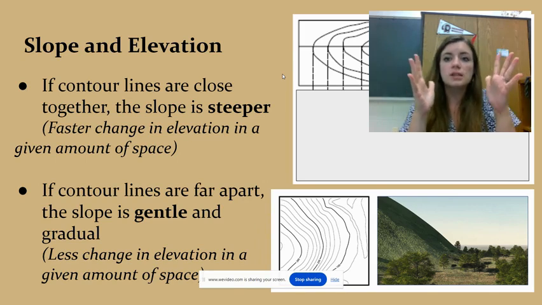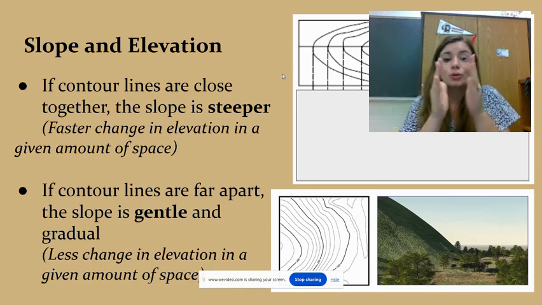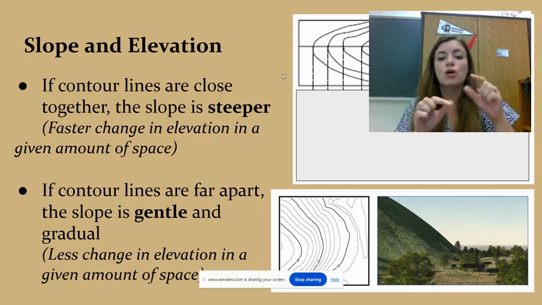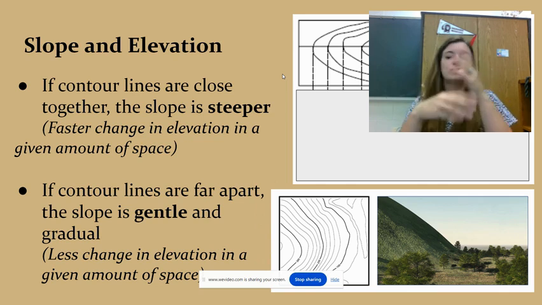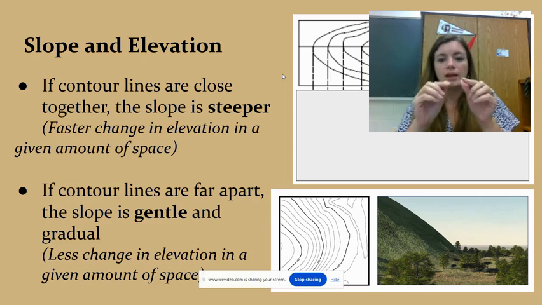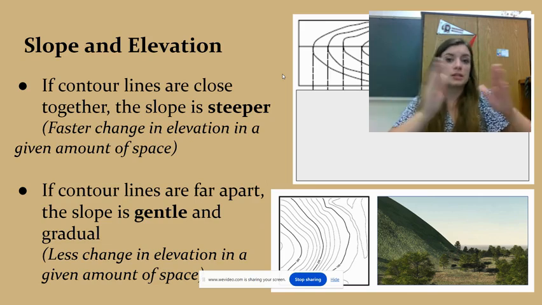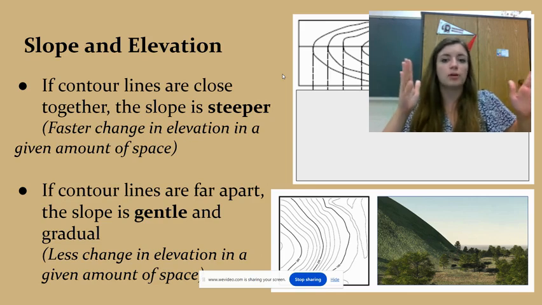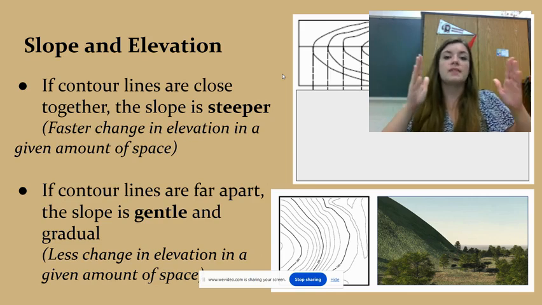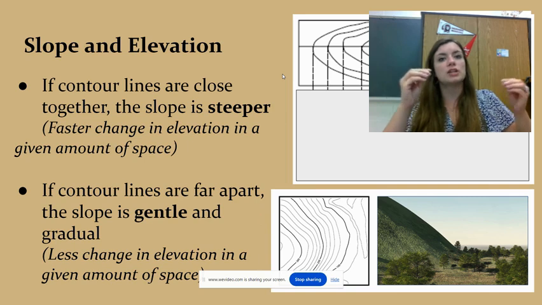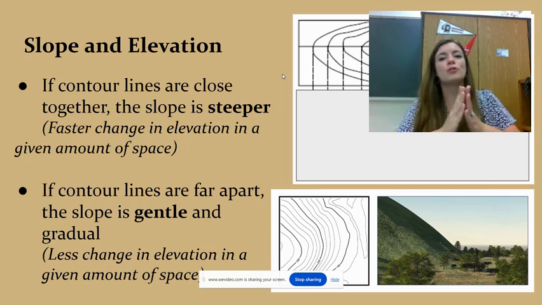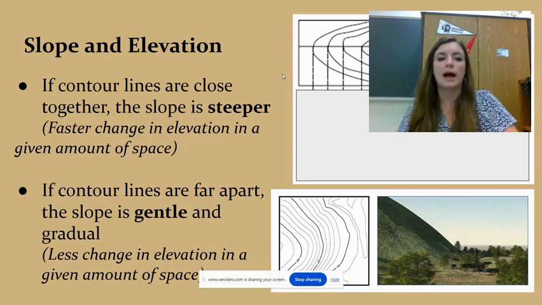So if all of those lines are close together, you have a lot of change over a short distance. If the lines are further apart, you're going to have that same amount of change in elevation, but over a greater distance. So that slope is going to be a lot shallower.